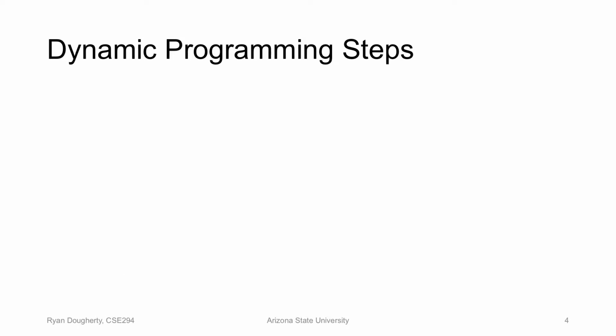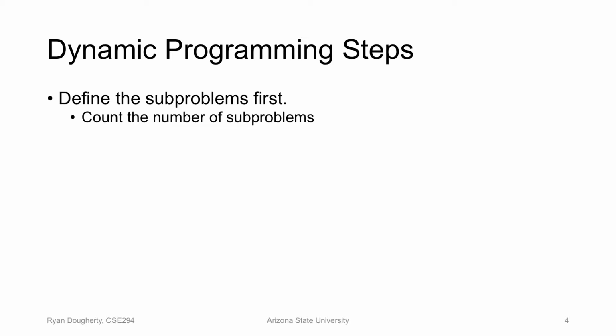So the main ideas behind dynamic programming, I'll just outline a few steps. The idea is we're going to be doing recursion, but we're going to do smart recursion. And why is it smart? We store the previous computation. But the first thing you've got to do is define the subproblems, just like in recursion. So we want to count the number of subproblems, which will help us get the runtime in a second.